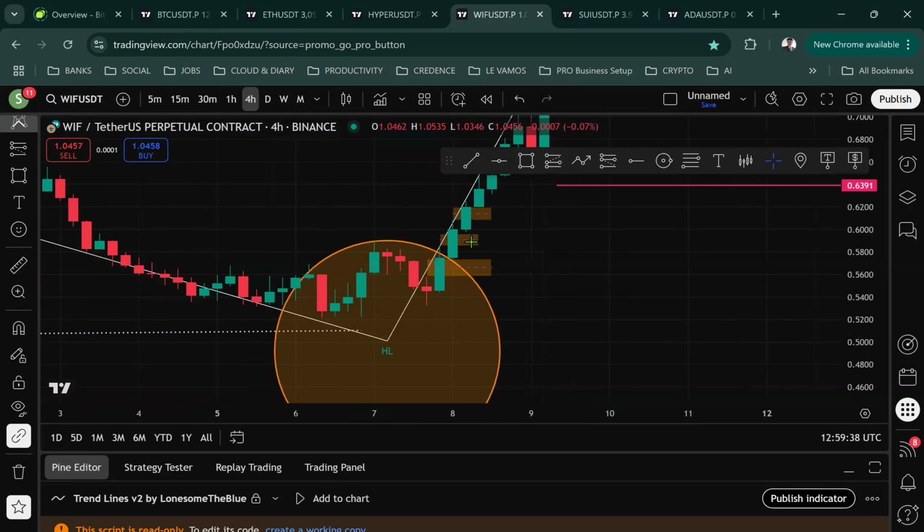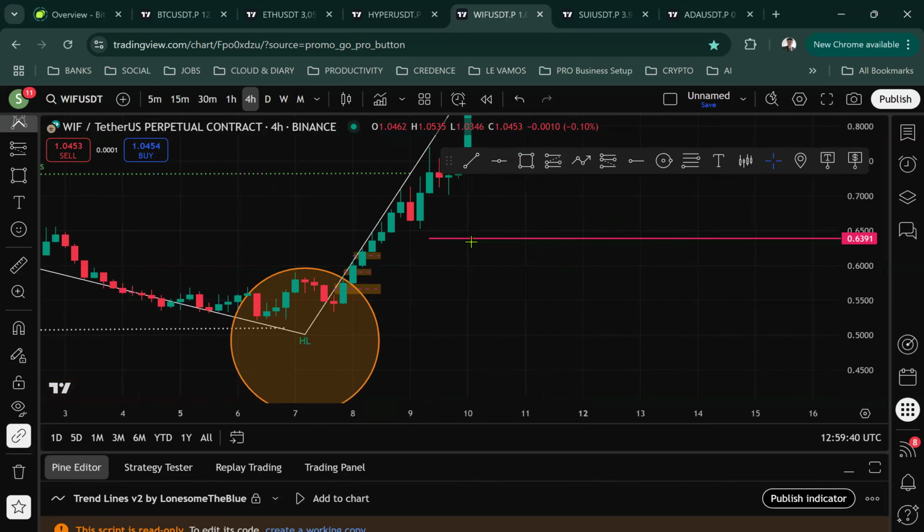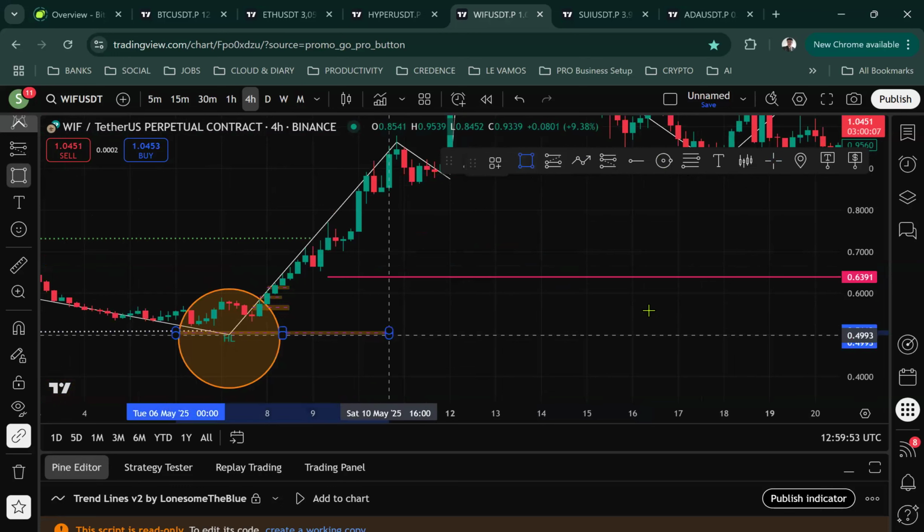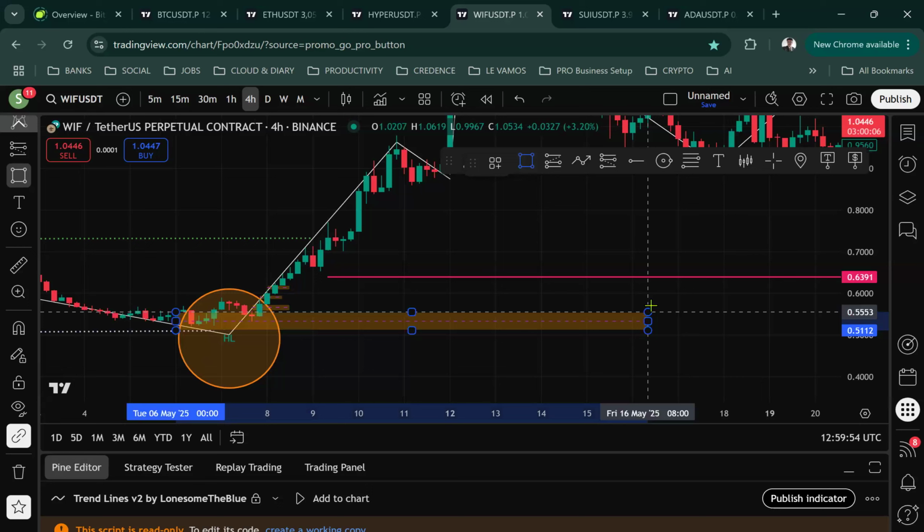So this is the valid zone identified. It is not mitigated yet. This much area is fresh. It will come up to the first gap only, right?